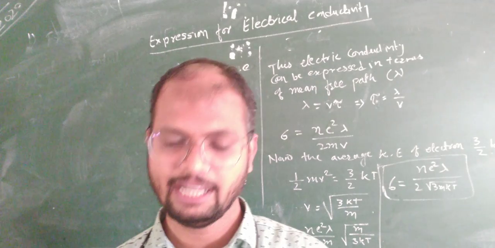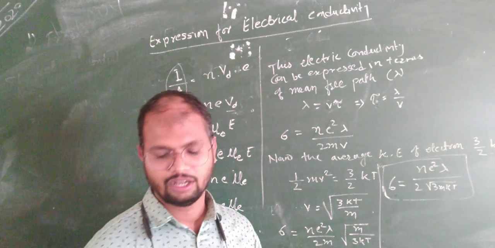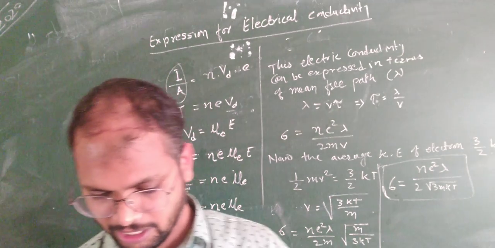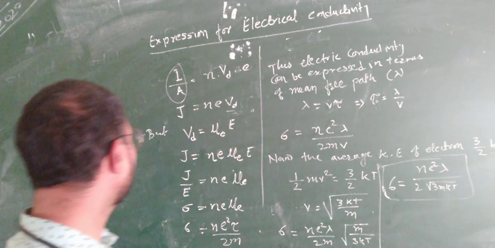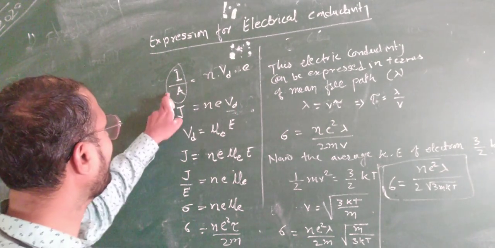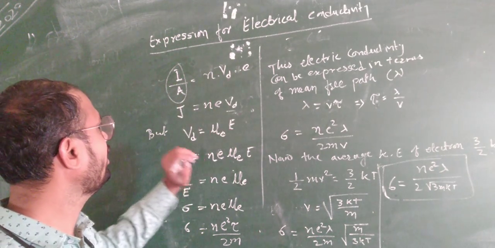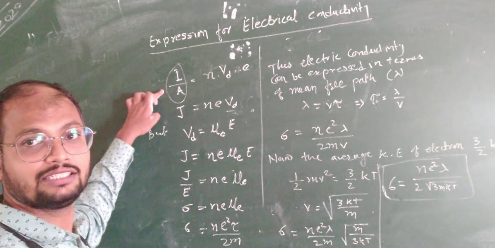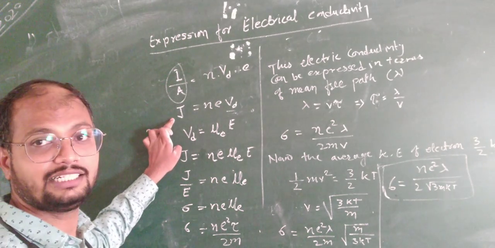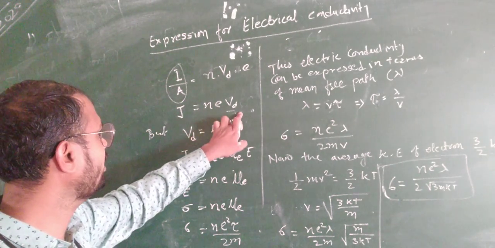Therefore I upon A is equal to n e Vd. But I upon A is nothing but the current density, so J is equal to n e Vd.